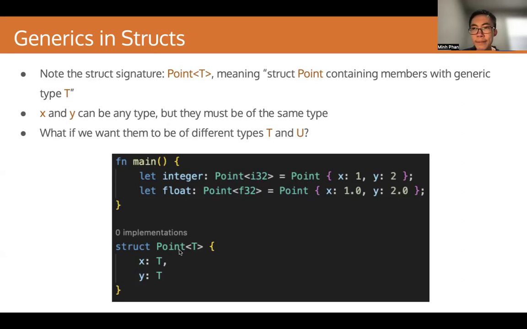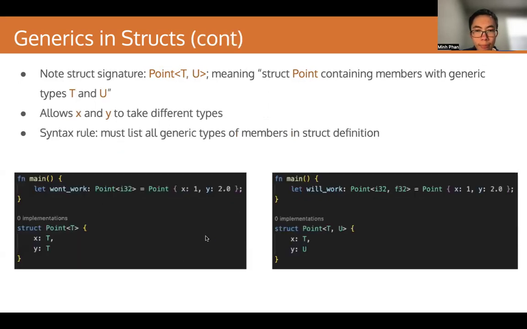So here, for example, we have x and y be of the same type, but what if we want them to be of different types? Say a generic type T and a generic type U. We can just declare the types T and U accordingly. So as you can see from the example on the right, say we want x to be of the type T and y to be of the type U. We can just put them as the type for the members.